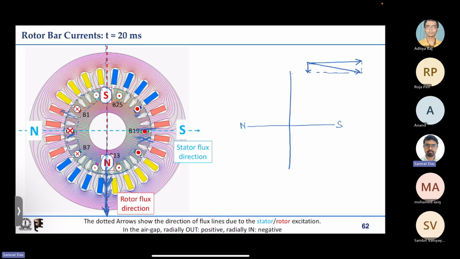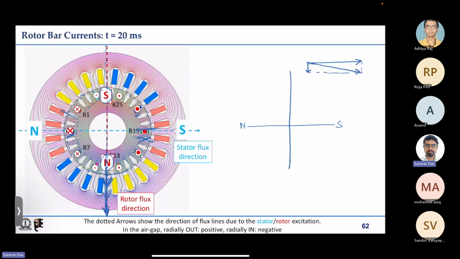So overall the flux linkage comes out to be the same number. That is why this assumption is valid, and actually we do not have any other way to analyze that analytically.